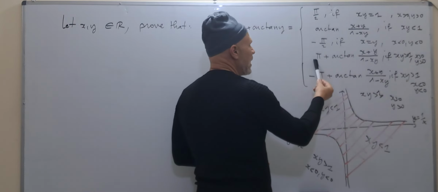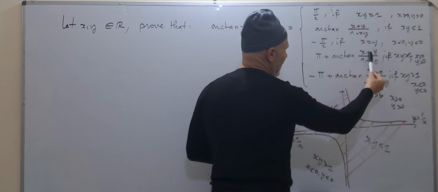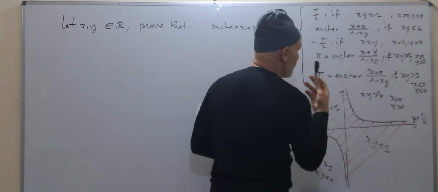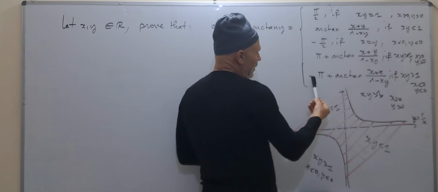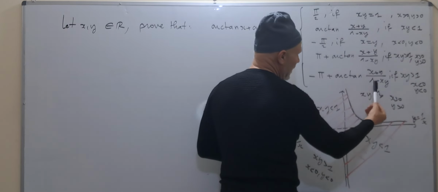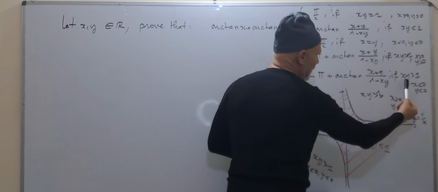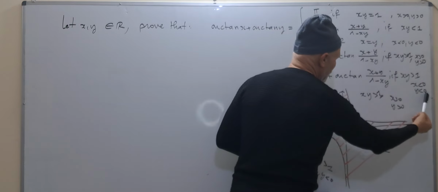It's equal to pi plus arctangent of x plus y over 1 minus xy if xy is strictly greater than 1, x positive, y positive, equal to minus pi plus arctangent of x plus y over 1 minus xy if xy is greater than 1, x negative and y negative.